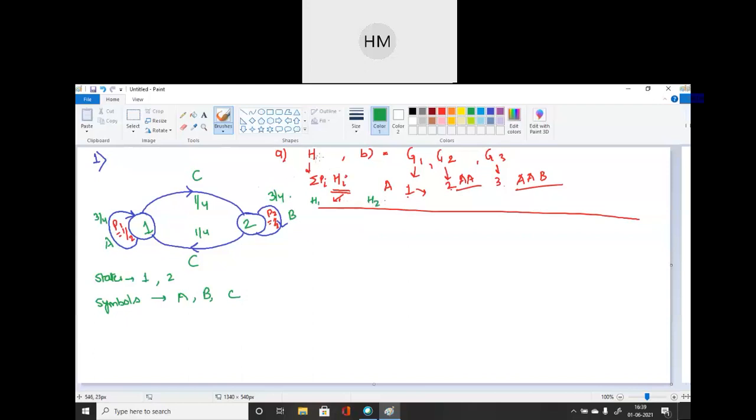To find H, I first have to find Hi, and to find Hi, since there are 2 states, I have to find H1 and H2, the symbol entropies. Okay, that is entropy of state. So to find that, what is the formula for H1? If you write H1, it will be summation j is equal to 1 to n Pij log 2 1 upon Pij.